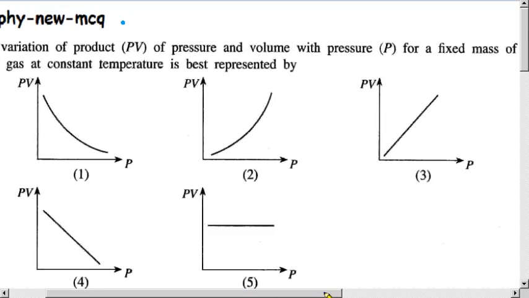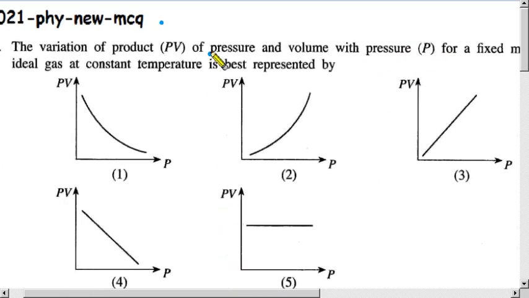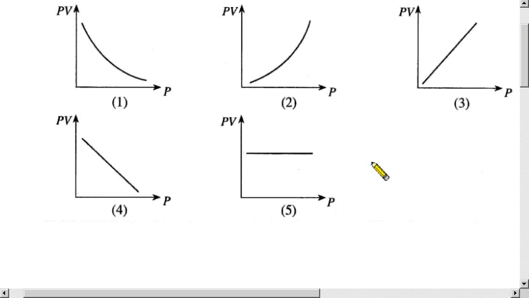Now you must recall Boyle's law here, because when you read these words, it should come to your mind. They are talking about Boyle's law. So what is Boyle's law? PV, the multiplication, is equal to a constant.